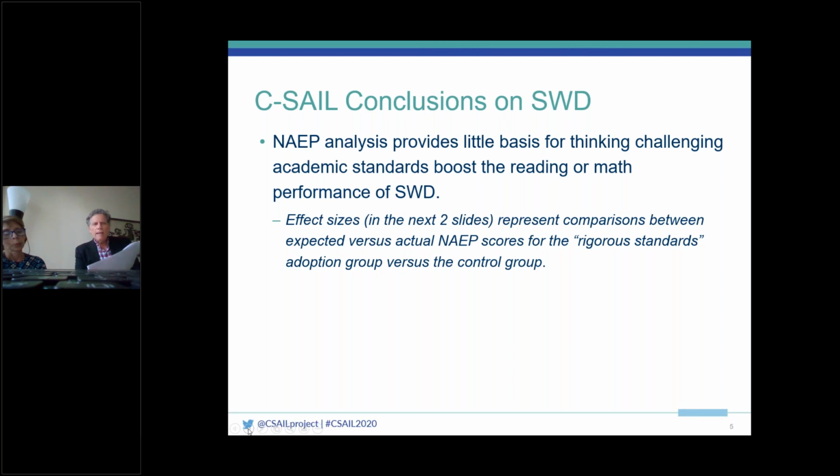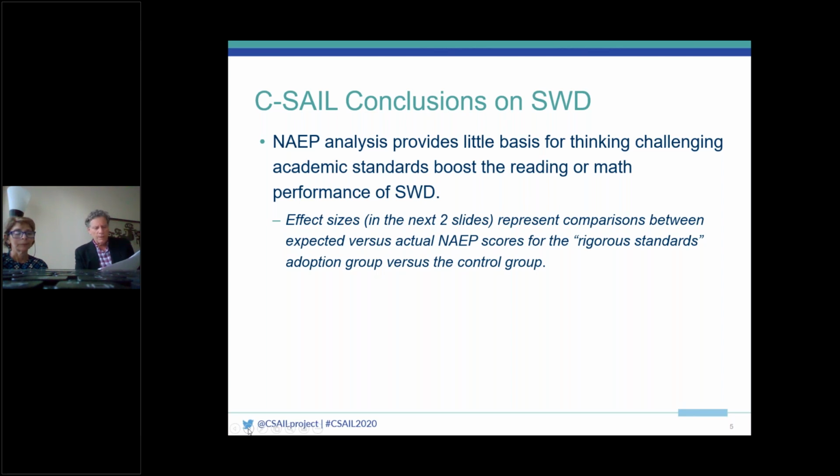In the next 2 slides, we're going to show effect sizes. The first slide is going to show the reading performance of students with disabilities across a number of years. The second slide, their math performance.